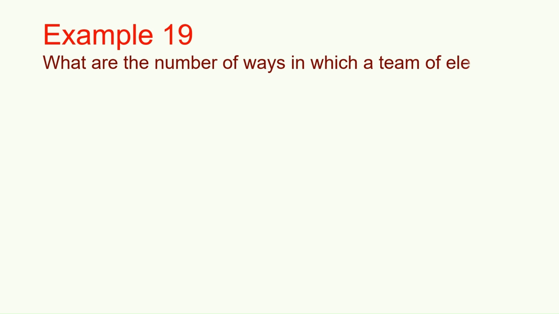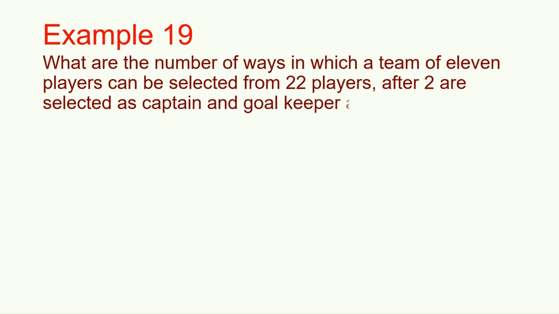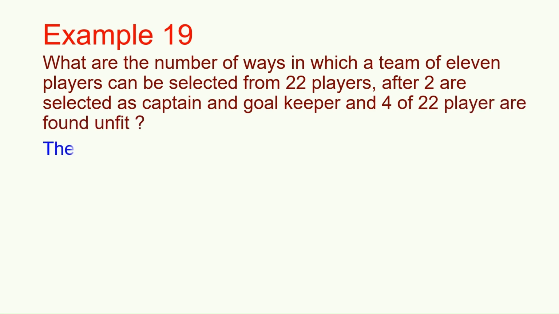Example 19. What are the number of ways in which a team of 11 players can be selected from 22 players after 2 are selected as captain and goalkeeper, and 4 of 22 players are found unfit?